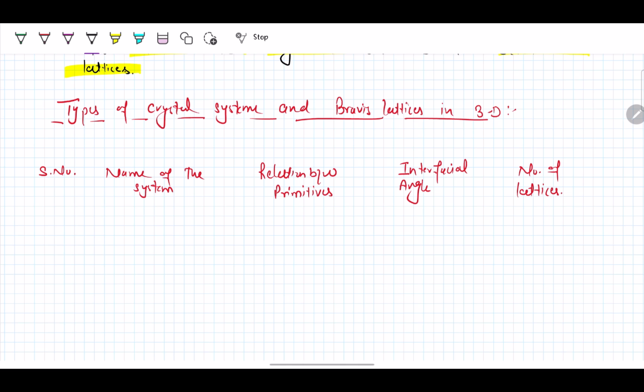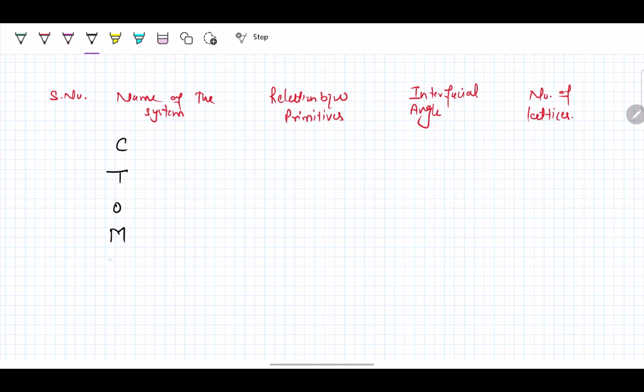There is a pattern: C, T, O, M, H, R, T. C means cubic crystal system. T means tetragonal system. O stands for orthorhombic.